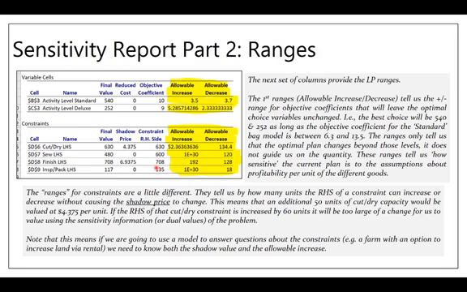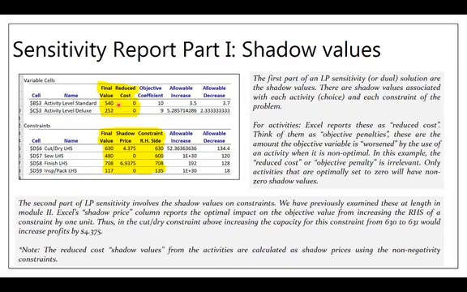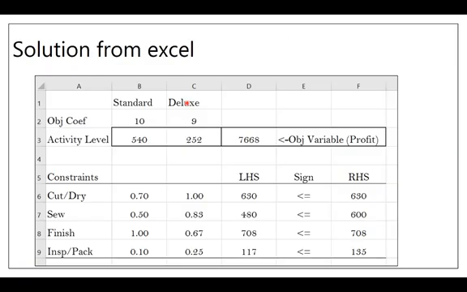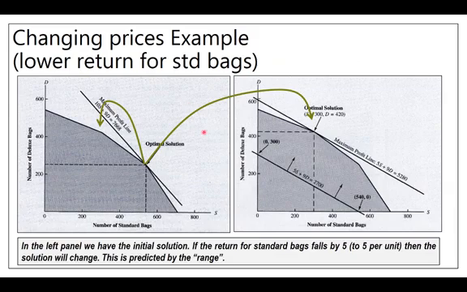The second part of the sensitivity report has to do with the ranges. Okay, so if the first part was about these columns, sorry, that's supposed to be yellow there. If it was about these pieces that are yellowed in here, the second part, the ranges, are about all of the stuff that's remaining. And what these are is, if we go back and look at, sorry, I'm just zipping.